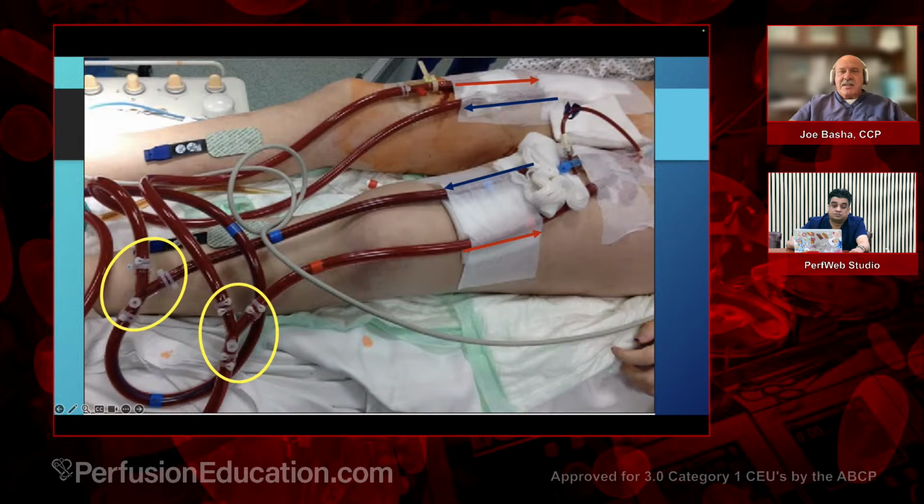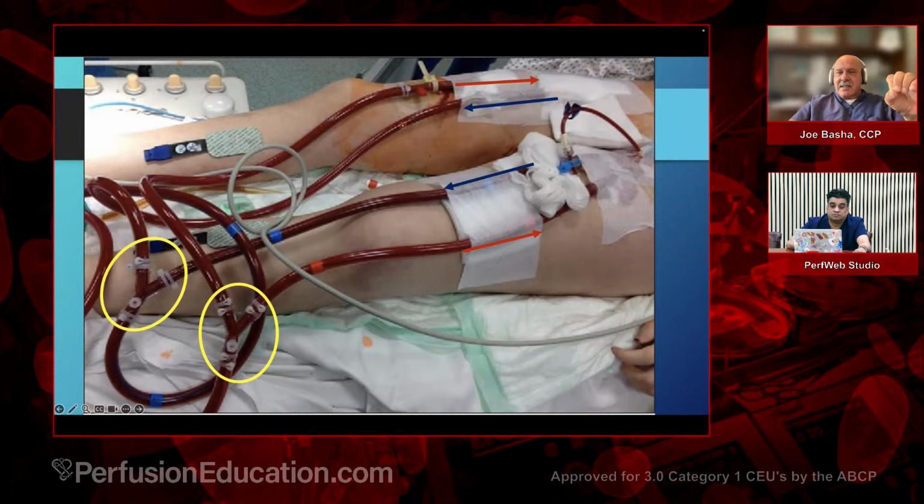Now, you can clearly see this is darker than this, and this are the same color as this. We know this is arterial. We know this is arterial. We know this is venous.